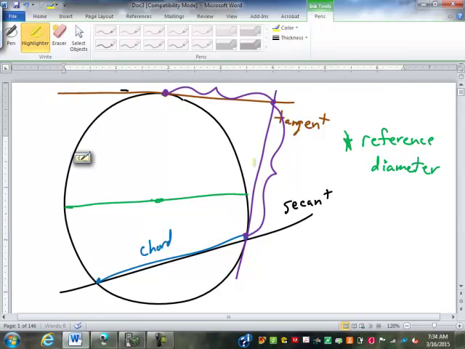A reference diameter is a horizontal diameter. Now pretend that's horizontal, I didn't get it quite straight. We mentioned a little bit when we were talking about angles, about navigation, how navigation fell into the whole idea of how angles were defined, difference in direction and stuff like that. The reference diameter also comes from navigation.